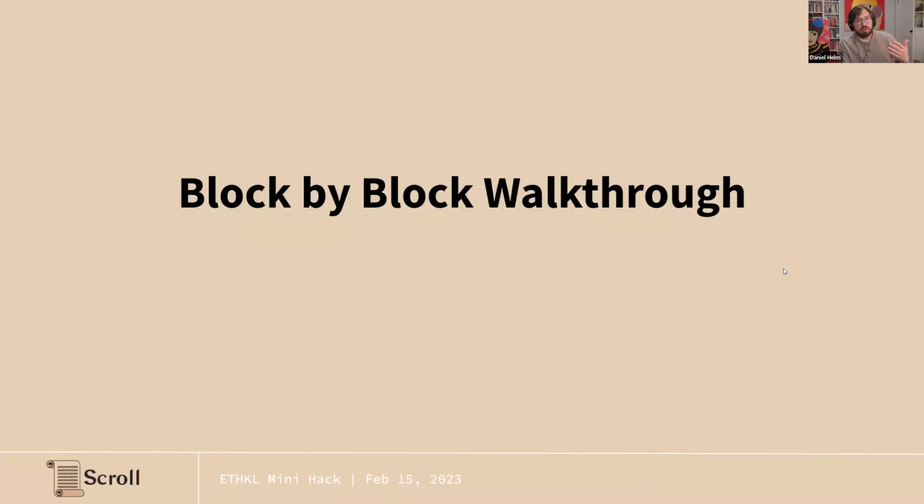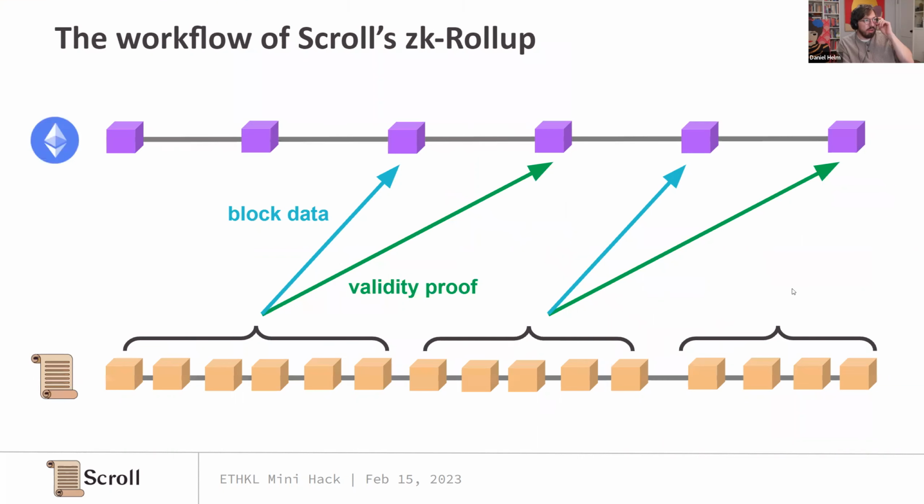And then to see what it looks like as a block by block version, I think seeing it happen through time is really helpful. So we have another view here where we have Scroll as our L2, and it's spitting out blocks every 3 seconds. And these blocks will actually get batched together.